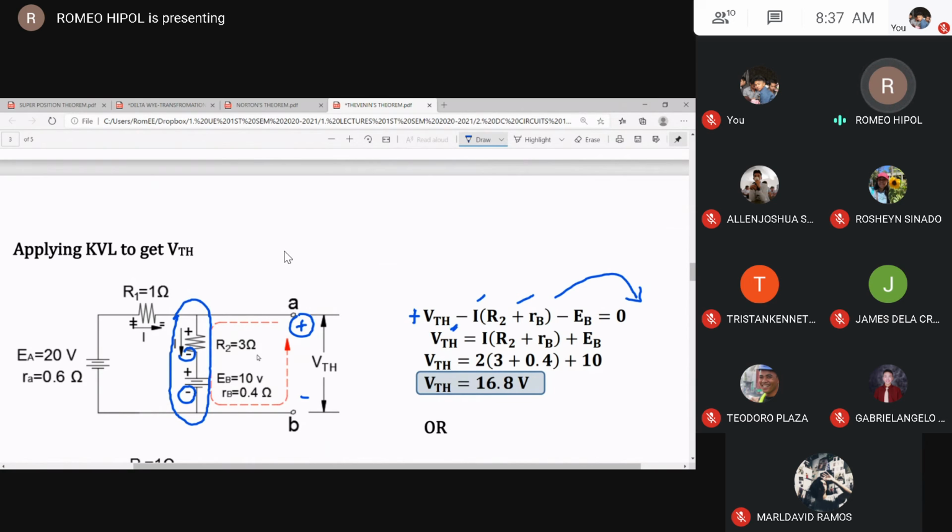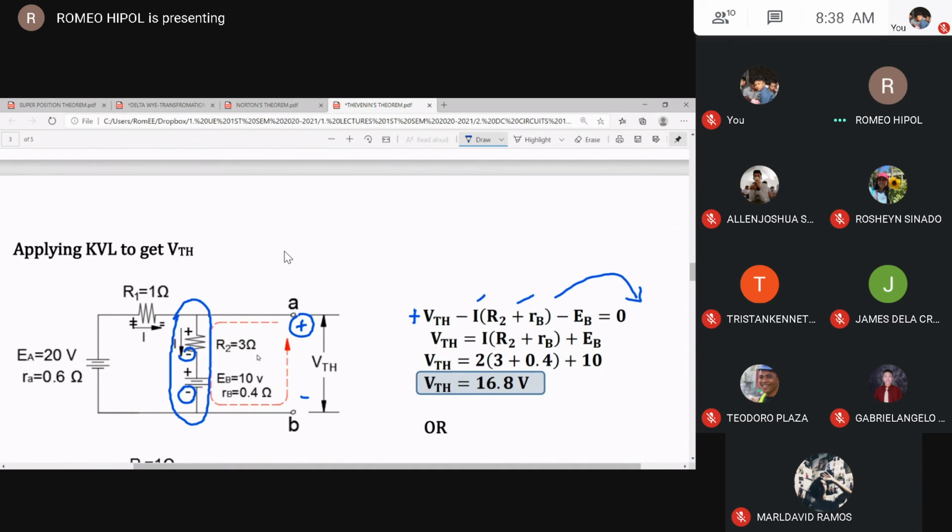So i-transpose na lang natin yung remaining term, the other side. So ito yung magiging solution. So we have the computed current times 3 plus 0.4, so 3.4 plus 10 volts. So we have a Thevenin's voltage 16.8 volt.